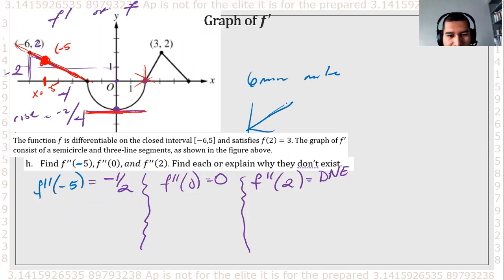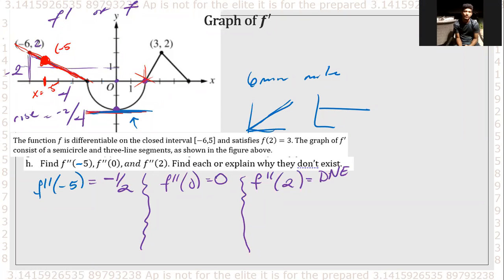If I take the derivative of this linear graph, my slope would be horizontal. So this is a horizontal tangent. This is not changing, it's slope of 0. Because at some point f was constant, so its slope was 0.